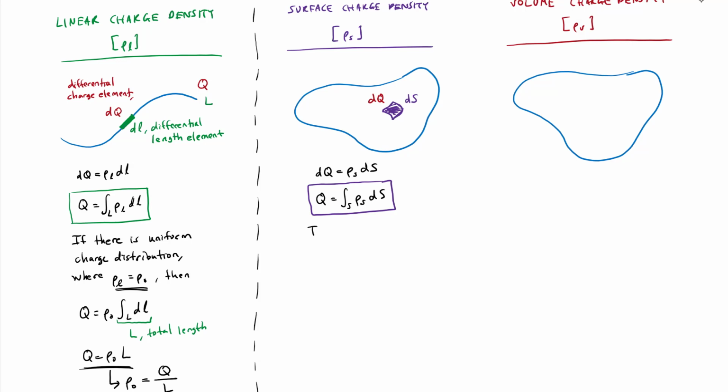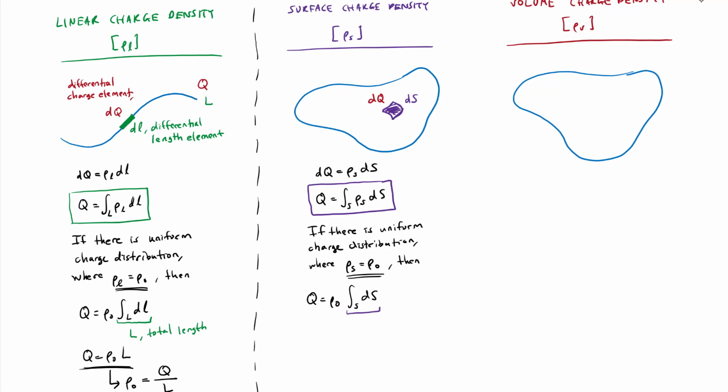And once again, if there is uniform charge distribution, where rho s is equal to rho naught, then my Q becomes rho naught, which I can take out, and I have the surface integral of ds.